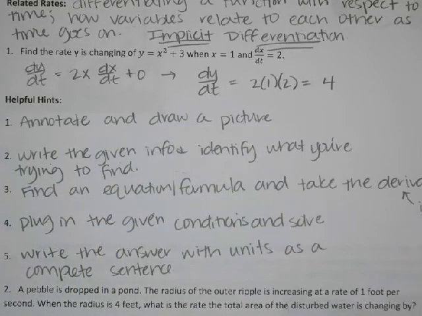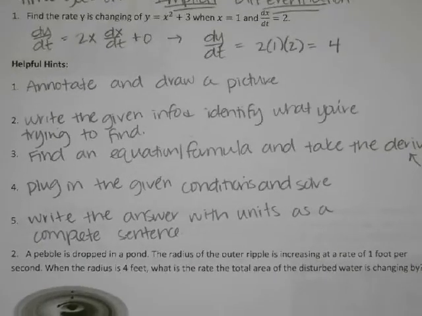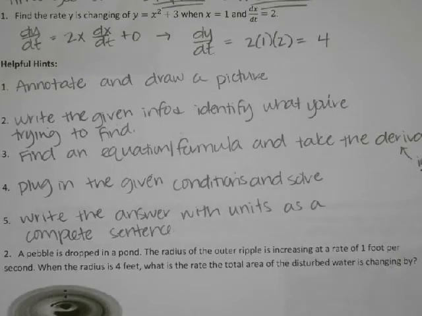I may not always require you to write a complete sentence, but it's definitely something you should be able to do just to make sure that you can take the answer you got and put it back in the context of the problem so that you know for sure what you were solving for and what you were talking about.